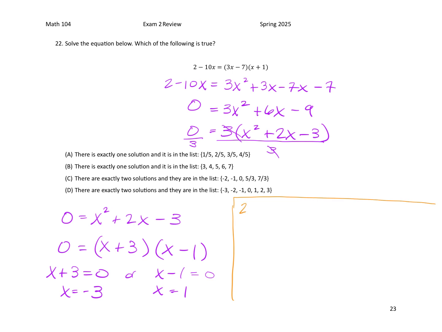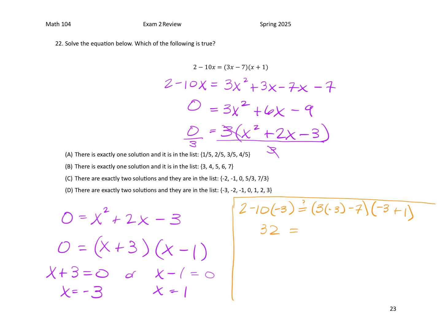Okay, so I have 2 minus 10 times negative 3. Does that equal 3 times negative 3 minus 7 times negative 3 plus 1? Okay, so on the left, negative 10 times negative 3 is positive 30, plus 2 is 32.